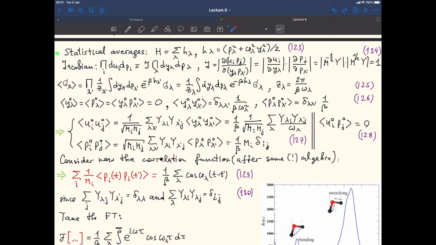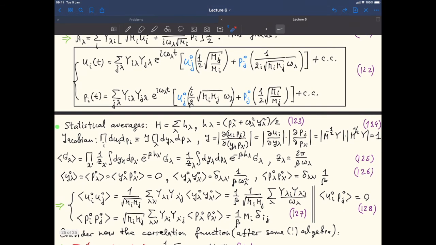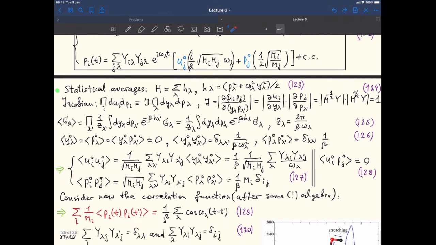We are able to calculate correlations at time t and t prime. So let's calculate this particular quantity. In order to do this, we need to take this formula at time t and multiply it with the same right-hand side, but with the time t prime, and then take the average.